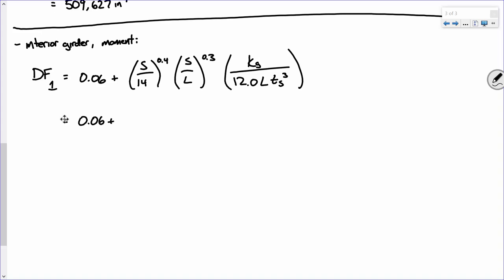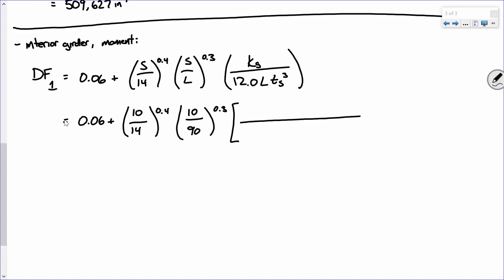0.06 plus S is in feet, so that's 10. L is what, 90? On the bottom, 12, 90, 8 cubed, and then, what was it, 509,627.